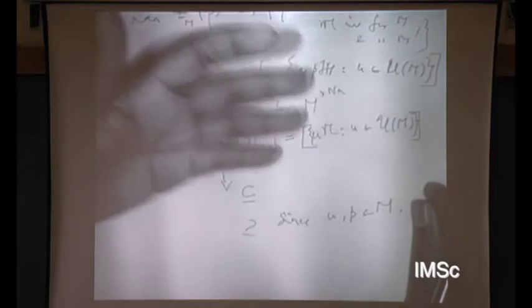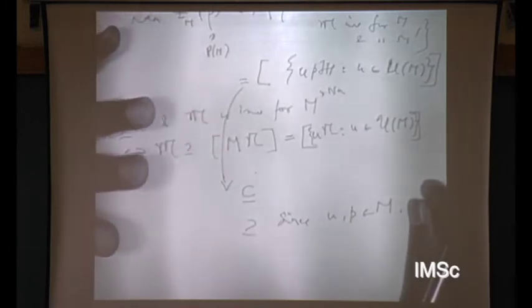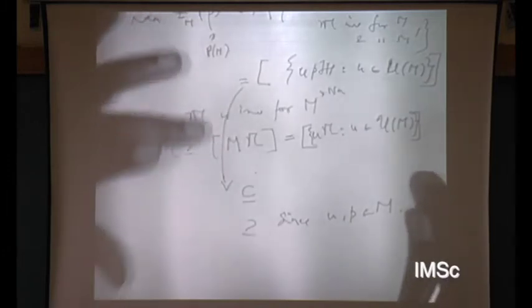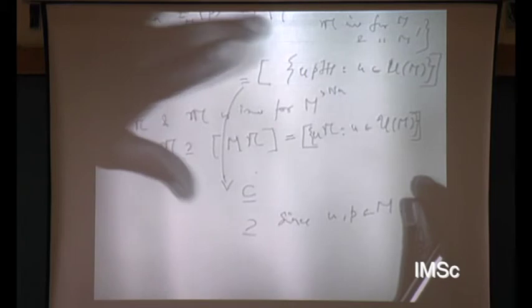Very clearly it must be there in any subspace which wants to contain the range of P and be invariant under M. But this space is already invariant under M prime, and so this is the thing that we want.